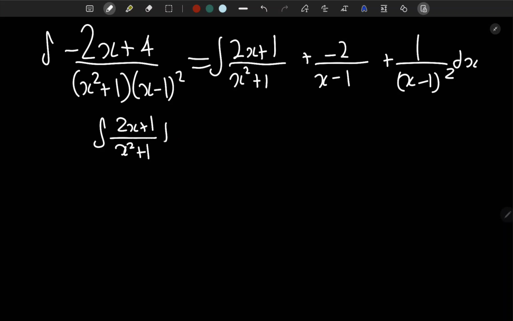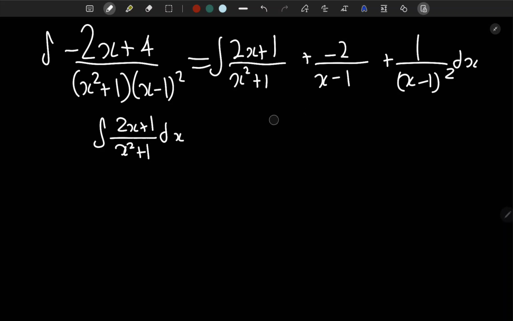Now you might be wondering, how do we integrate this? If we take u as the denominator, u is equal to x squared plus 1, du is equal to 2x, and you cannot cancel out the numerator since there is a plus 1 here, and any other method would not work.